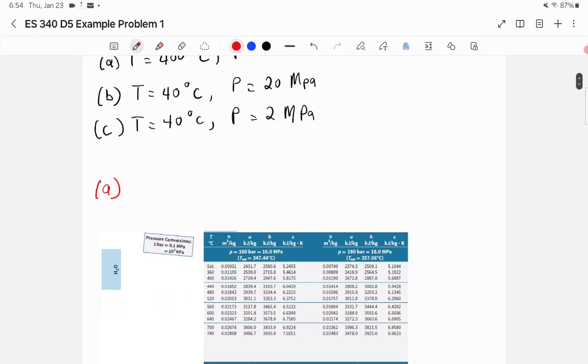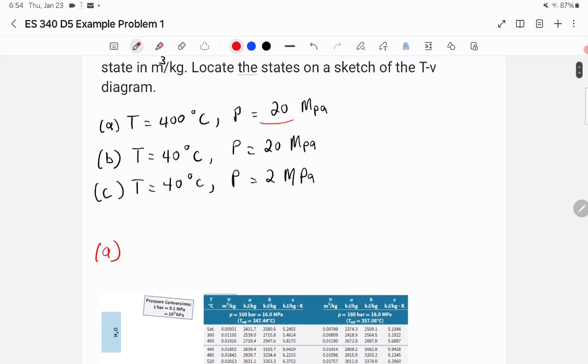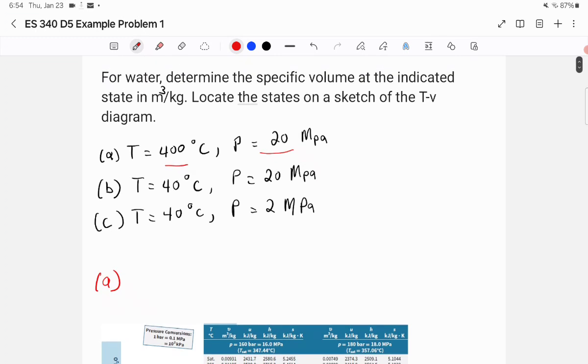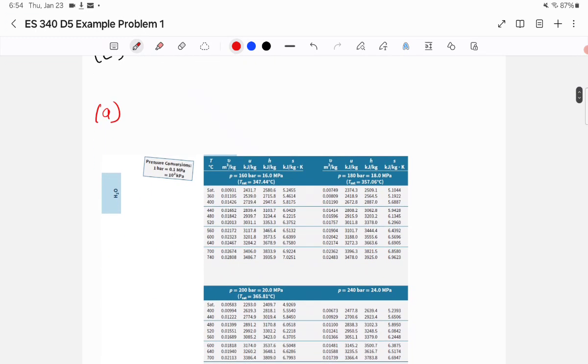So the first part, we have a pressure of 20 megapascals and a temperature of 400 degrees Celsius. Now, if you were to go to table A2, which is the saturated table in terms of temperature, you would find something interesting about the pressure, which makes it hard to find on the tables.